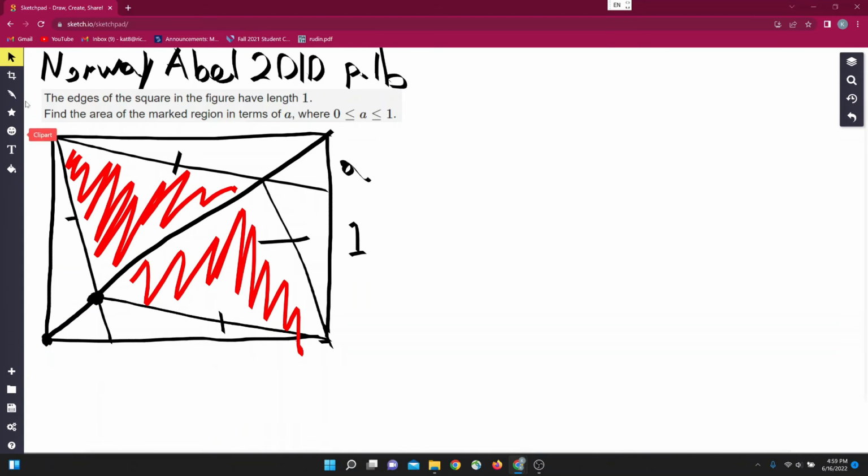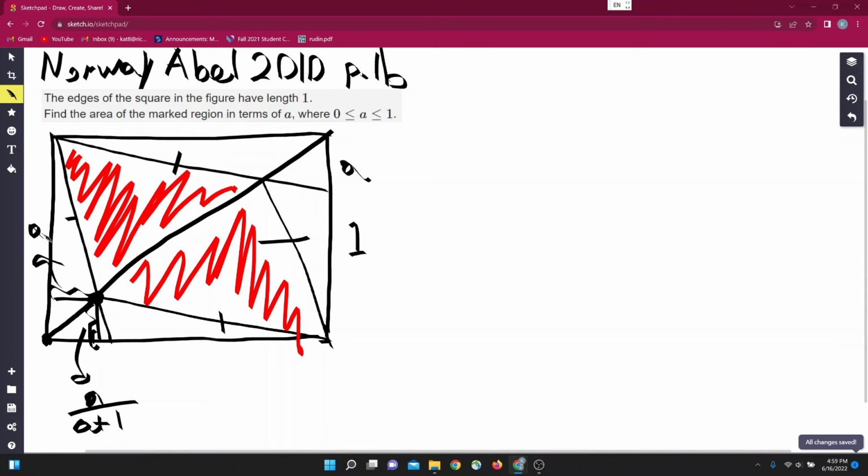Just say we never used the coordinate system. It'll never get you. You just say that, right? In other words, that length there is a over a plus 1. And by symmetry, this length here is also a over a plus 1. But we won't be needing that in this first proof. Okay.